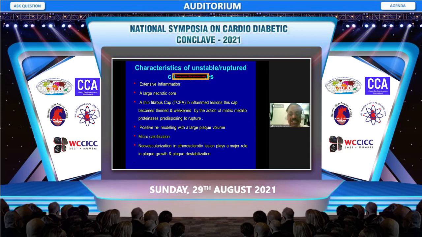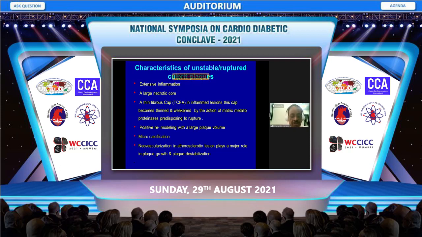So what are the characteristics of an unstable, ruptured plaque? As Dr. Jadhav has already mentioned different characteristics, I will talk about the characteristics of unstable plaque from the nuclear imaging point of view. There will be extensive inflammation, a large necrotic core, and a thin fibrous cap in inflamed lesions.